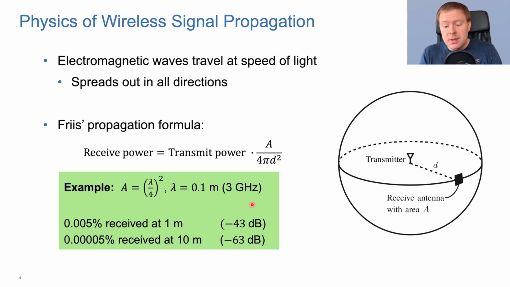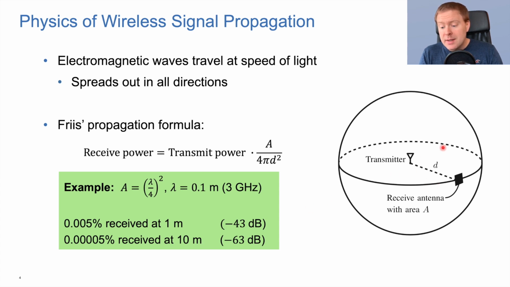Then if we put in a distance d equal to 1 meter, we will receive 0.005% of the signal energy. And that is a path loss of minus 43 decibels.